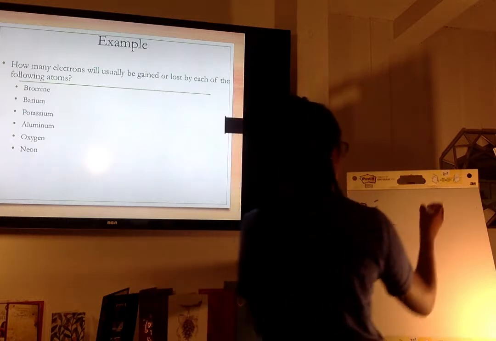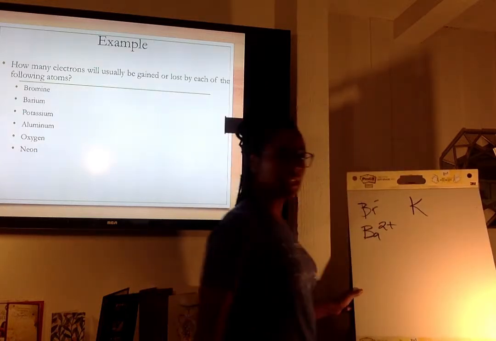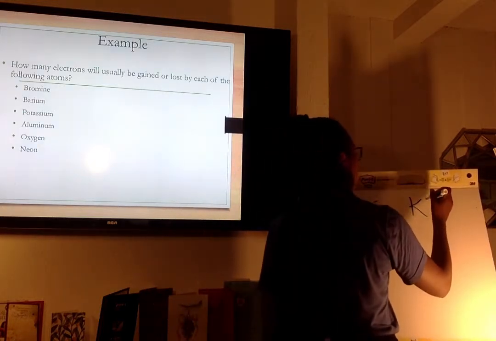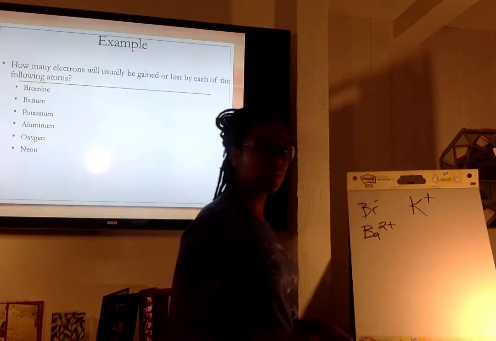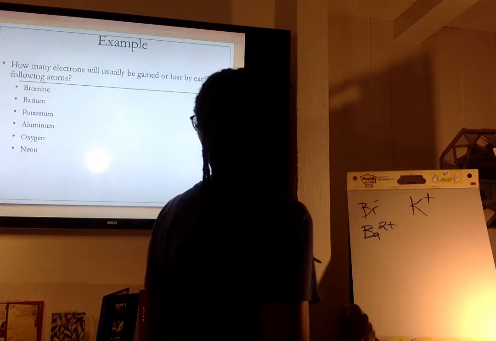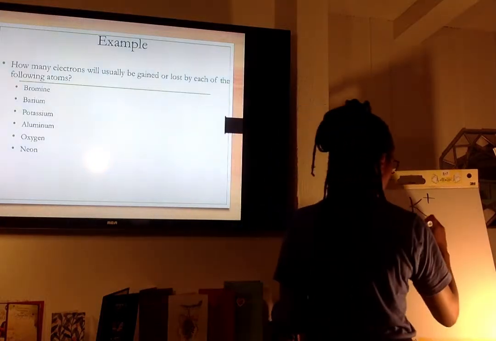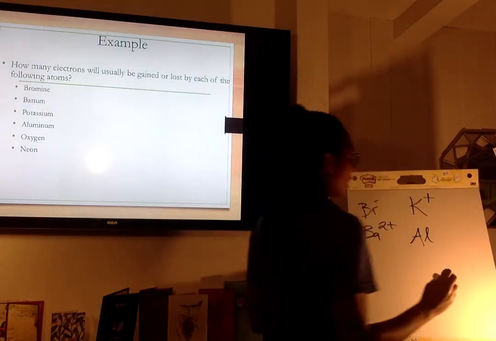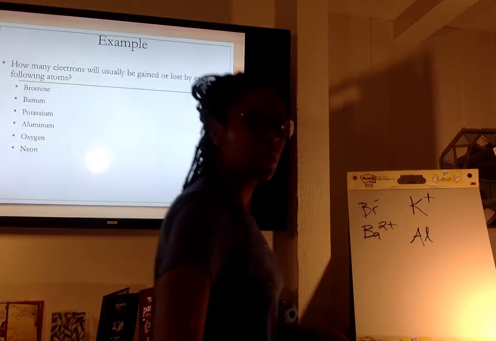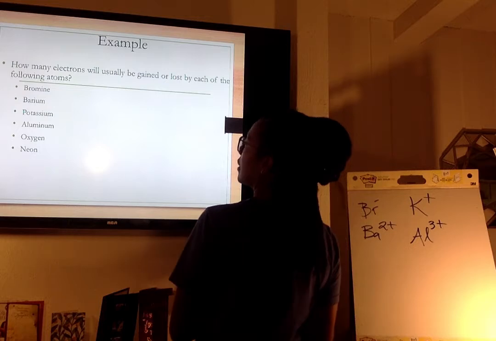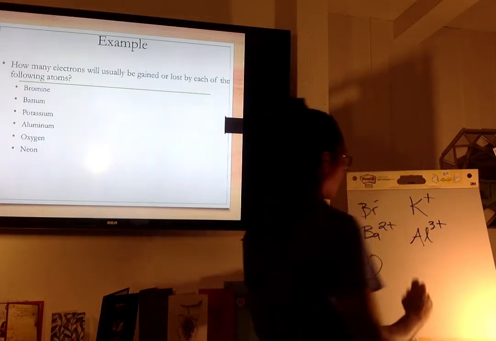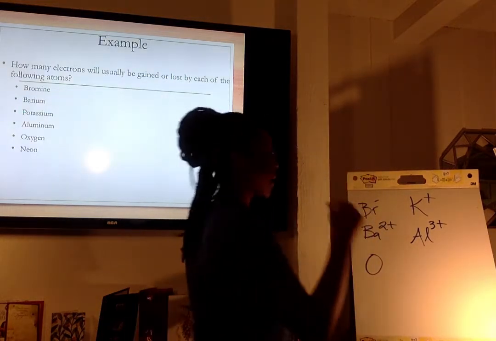What is the charge of potassium? Well, that's in the first alkali metal column, so that has 1 positive charge, right? And then you have aluminum, and that has a 3+ charge. And then oxygen is going to be a 2- charge.